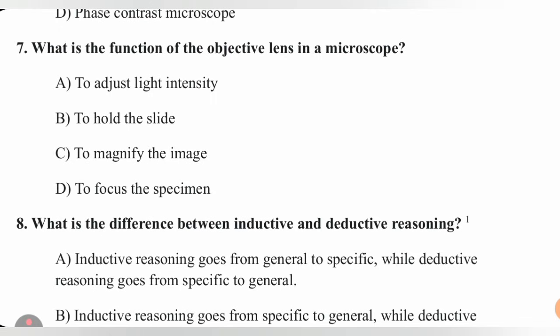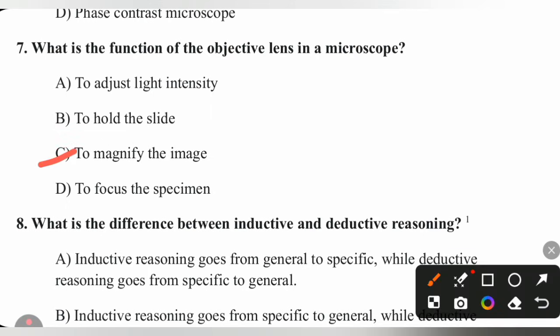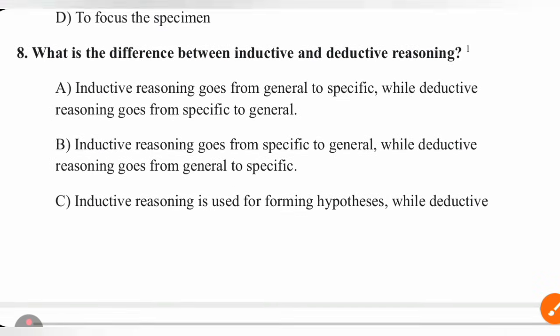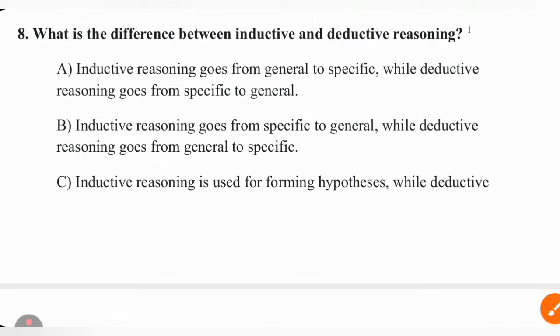Function of objective lens in microscope: to magnify the image. Number 8, what is the difference between inductive and deductive reasoning? A, inductive reasoning goes from general to specific, while deductive reasoning goes from specific to general.